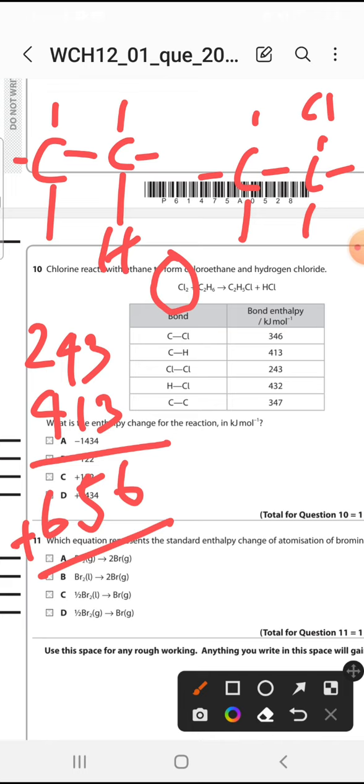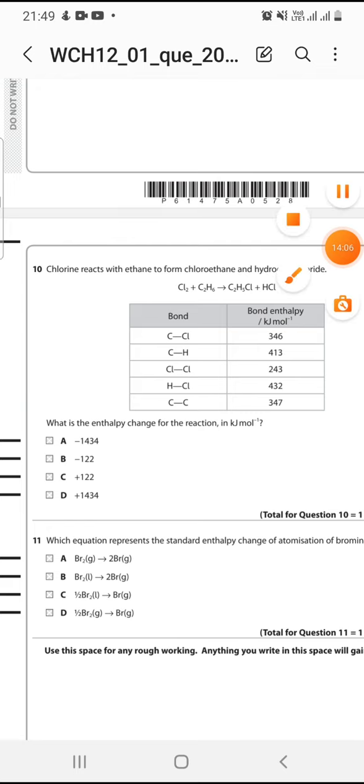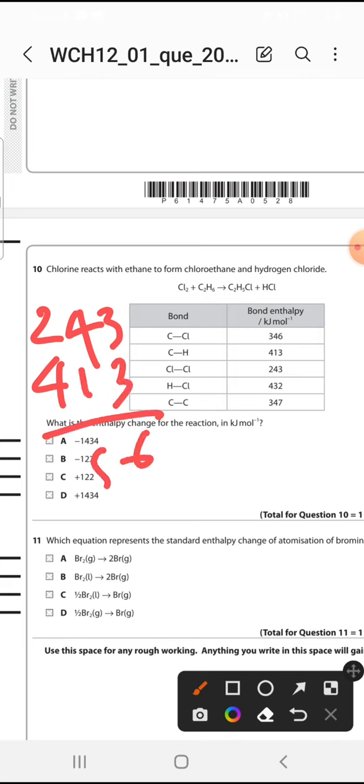Now you can see what bonds are made. The carbon-chlorine bond is made, that is 346, plus the HCl bond, which is given here. I'm really sorry guys. So we break the chlorine bond 243 and the carbon-hydrogen bond 413.